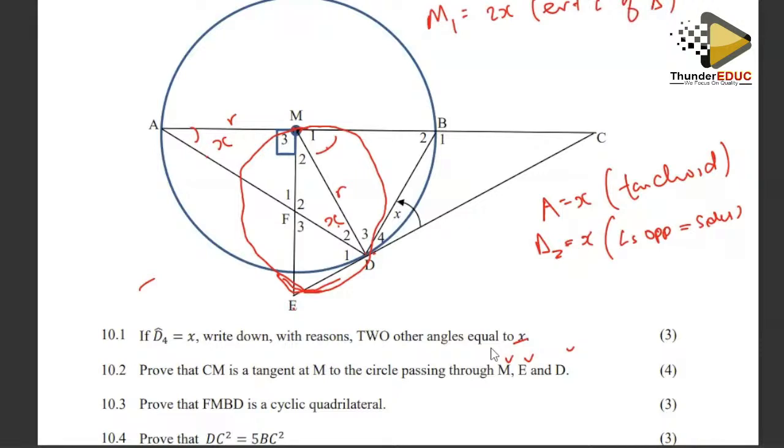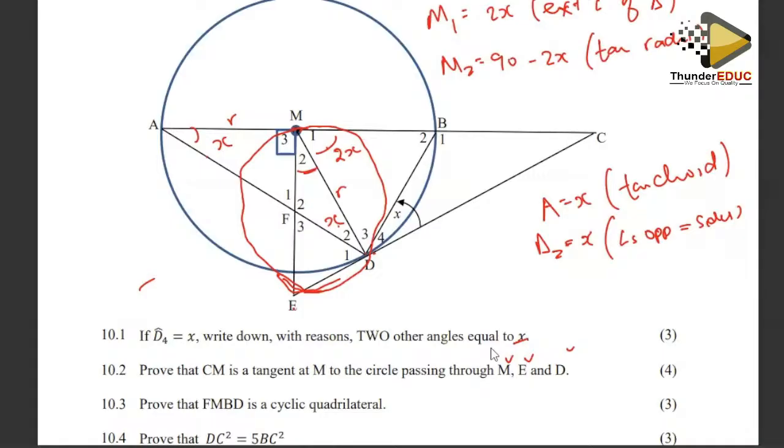Then from there, we could go on and say that this M2 here is going to be 90 minus 2x.